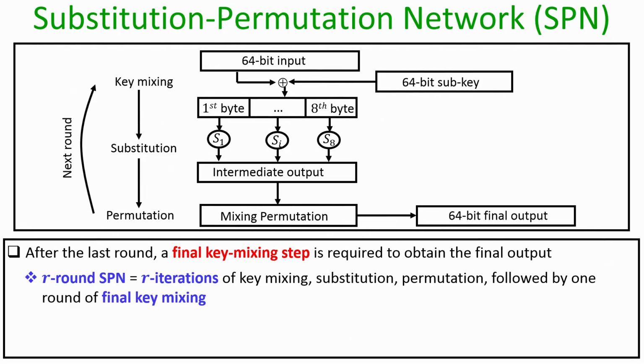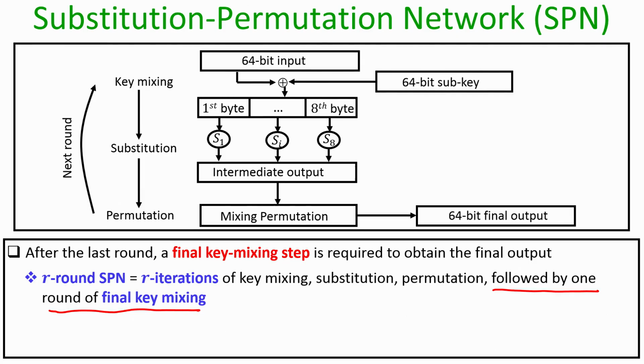So, you might be wondering why this one round of final key mixing after the rth iteration. Well, it turns out that if we do not do this final key mixing after the completion of the rth iteration, then the effect of the rth iteration substitution step and permutation step are completely useless, because the adversary knows the description of the permutation step and the description of the substitution step.